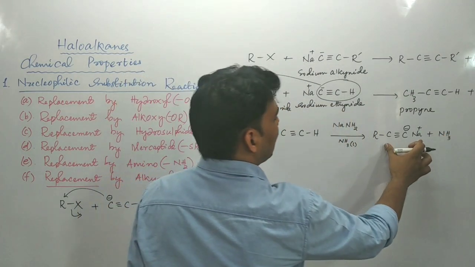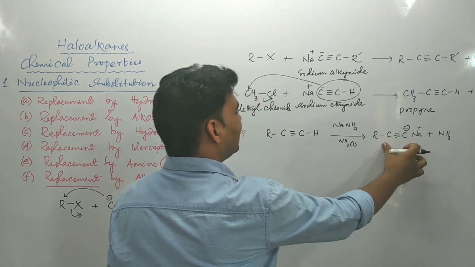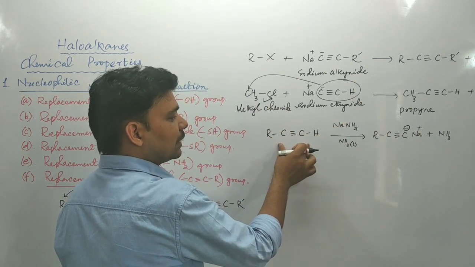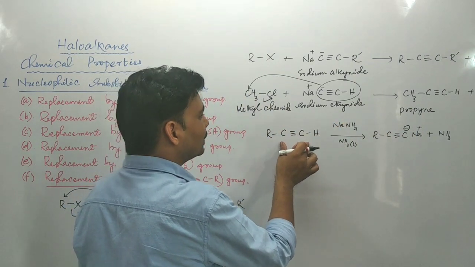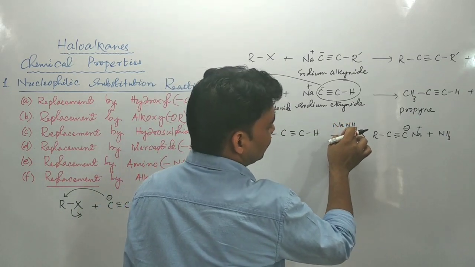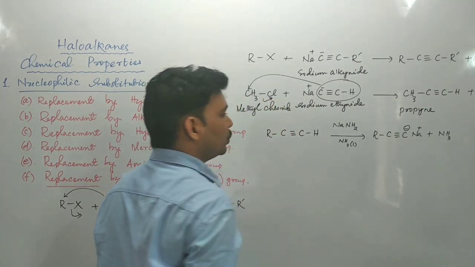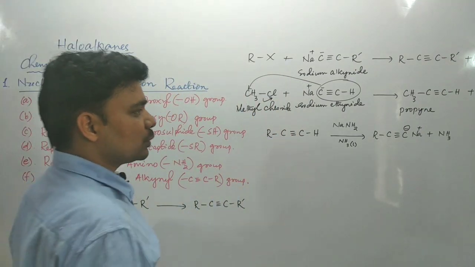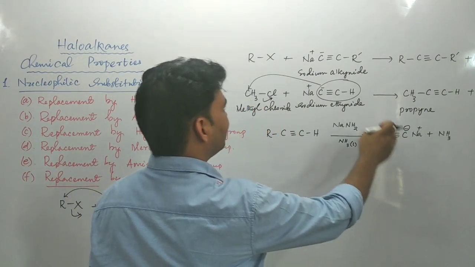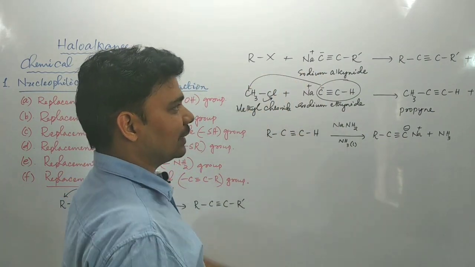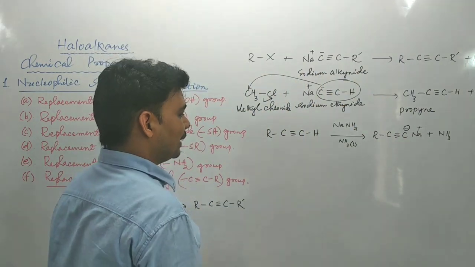This is sodium alkynate. So sodium alkynate can be obtained from the corresponding terminal alkyne by treating with sodamide. And when sodium alkynate is treated with one alkyl halide, you will get the higher alkyne.